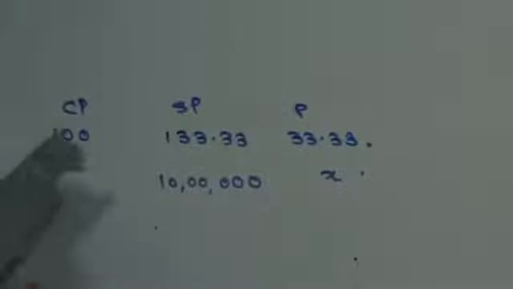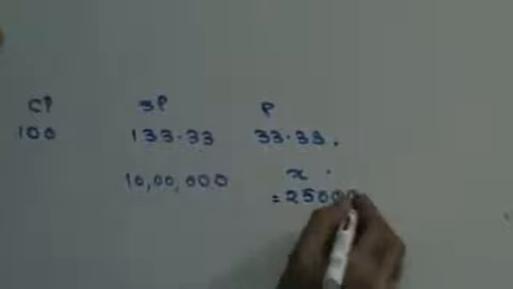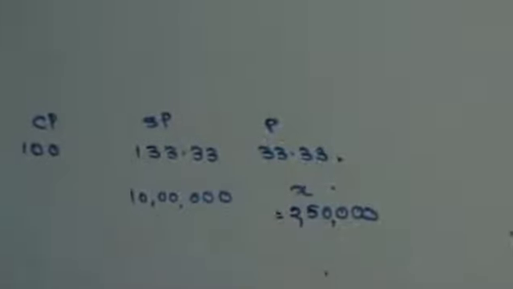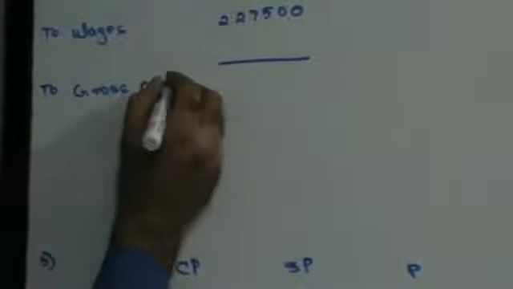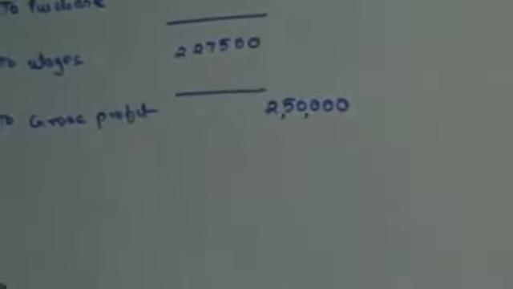Right? How much does that come out to? 2,50,000. So this is going to be my gross profit. Gross profit is going to be 2,50,000. Fine. Next, let's move on ahead.